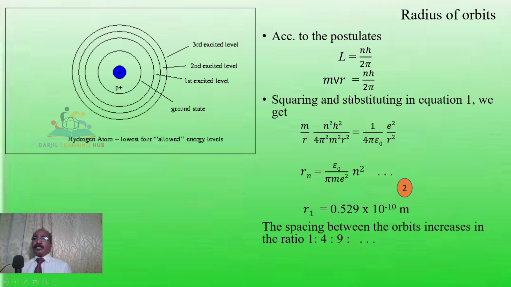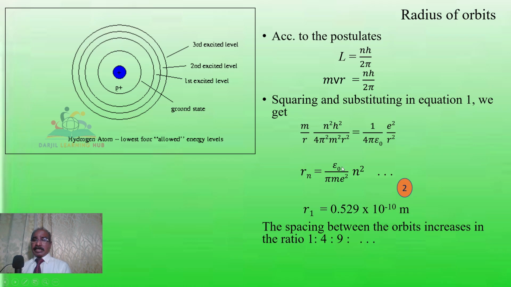Now, square this equation and we find the value of v squared from this: m squared v squared r squared equals n squared h squared divided by 4 pi squared. Substitute this value in the earlier equation, and after simplification, the radius of the nth orbit will be equal to epsilon 0 h squared n squared divided by pi m e squared.